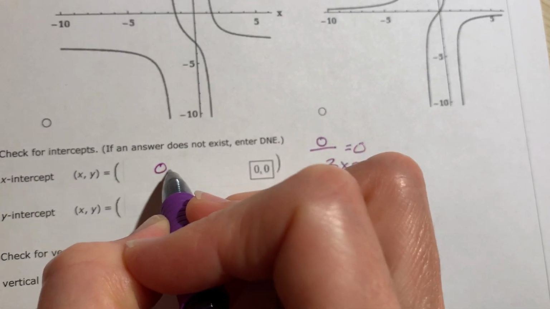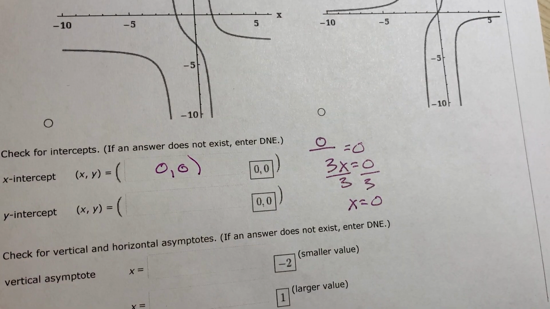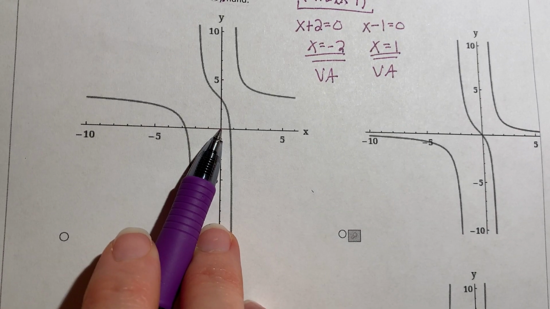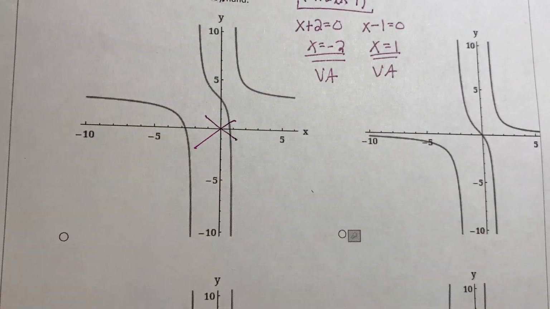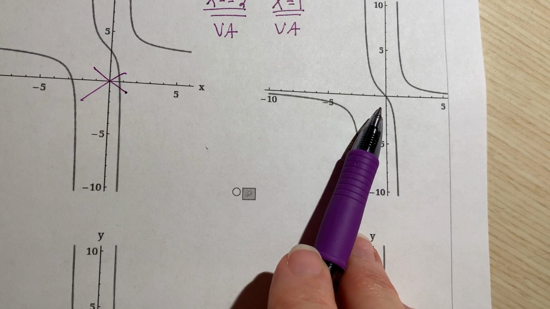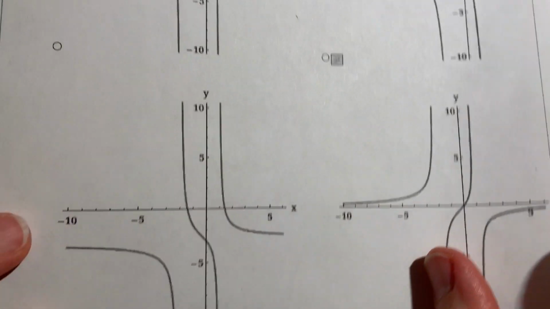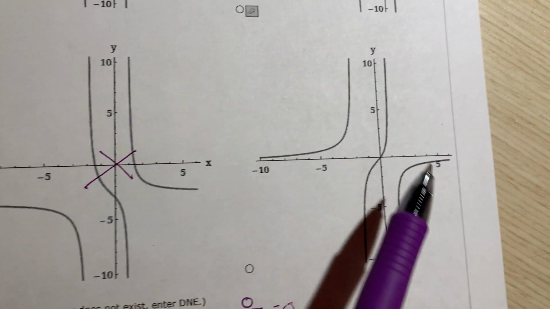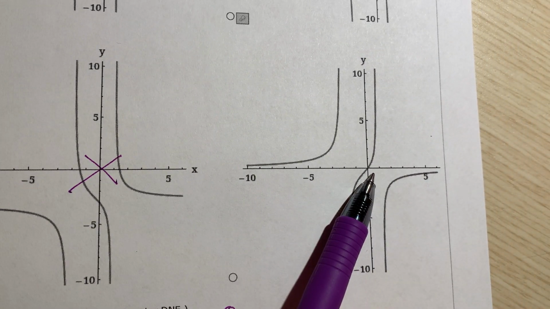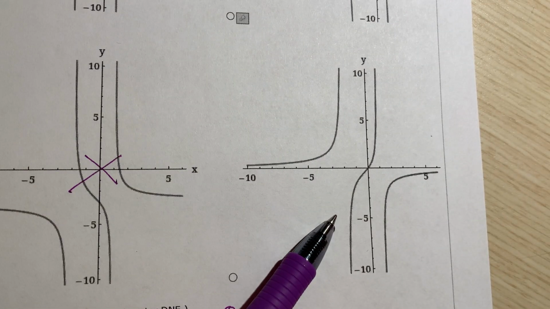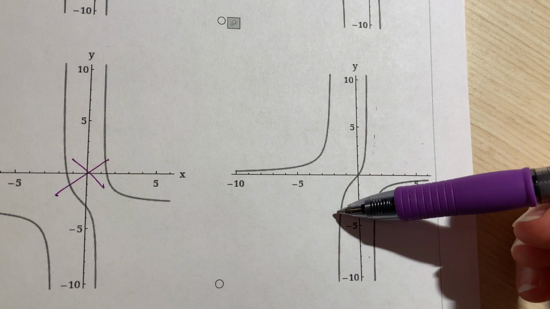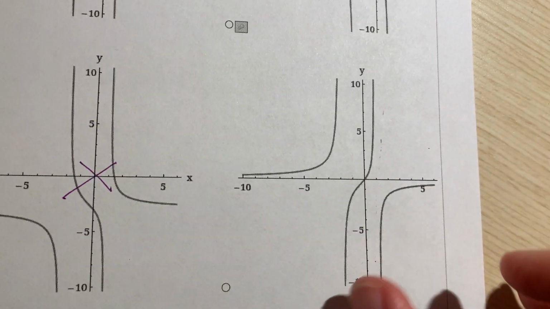So the x-intercept is (0, 0). So if I look at my graphs, this one doesn't have a point at (0, 0), so that can't be right. This one does, so that's a possibility. This one also does not have a point at (0, 0). This one does. So I just need to decide between these two graphs now. They both look like they have vertical asymptotes at 1 and negative 2.